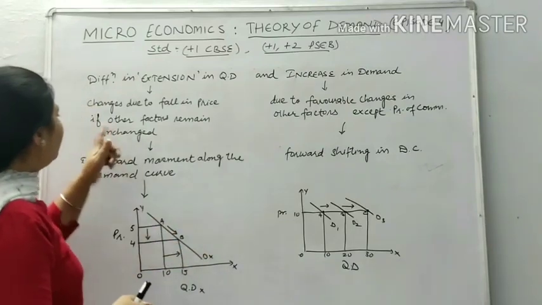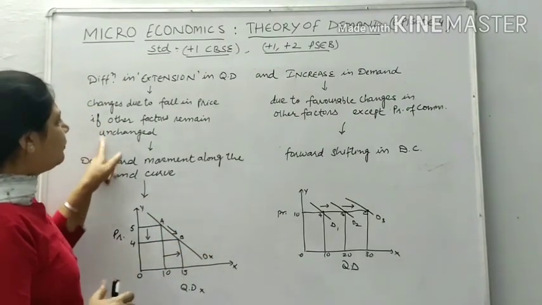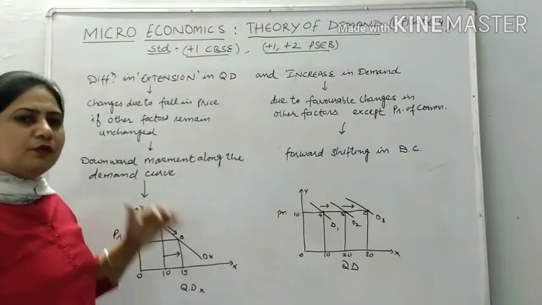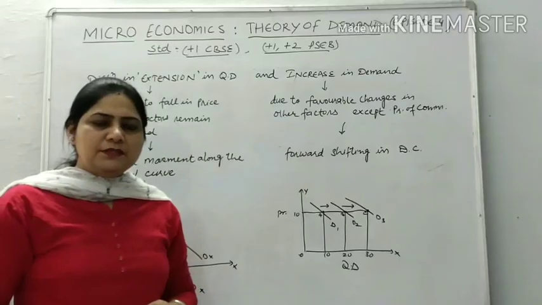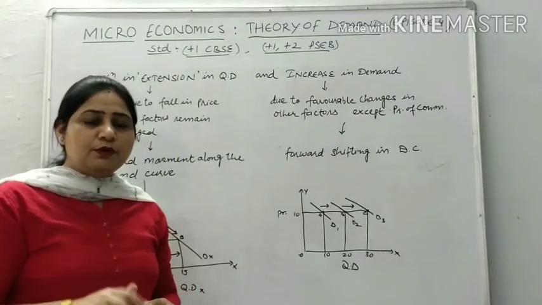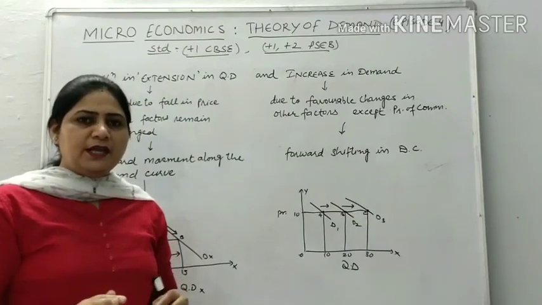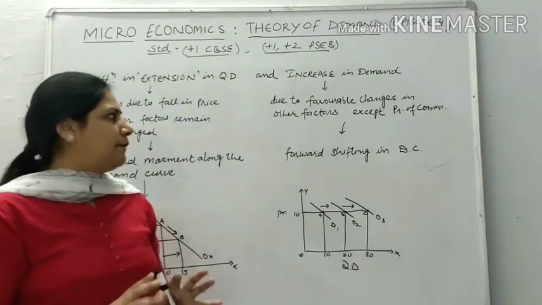And the next condition is that other factors remain constant, unchanged, meaning the other factors that can affect the demand of a consumer for a particular commodity remain unchanged.